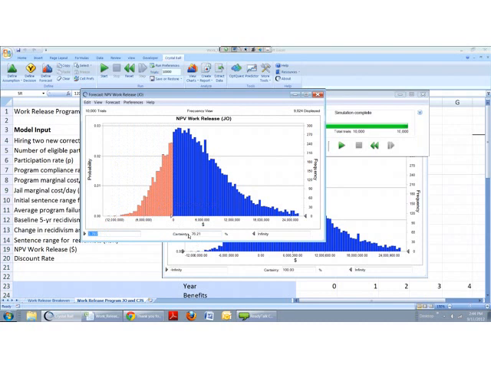So if we actually believe that our inputs and the input distributions were chosen well, then that means we can say that there's a 76% chance of this program having a positive net present value.